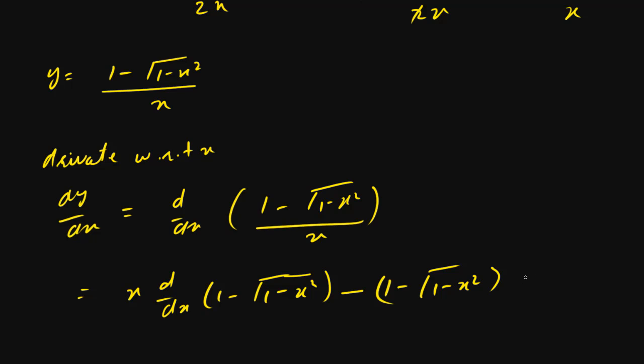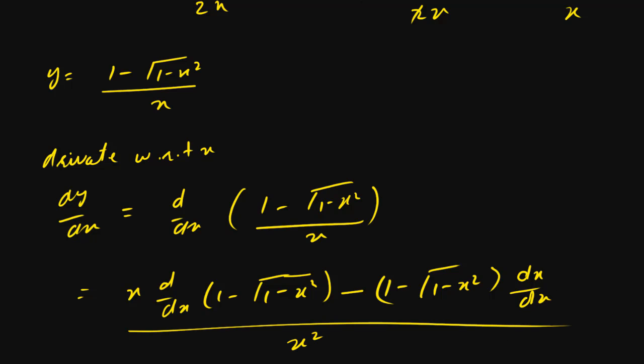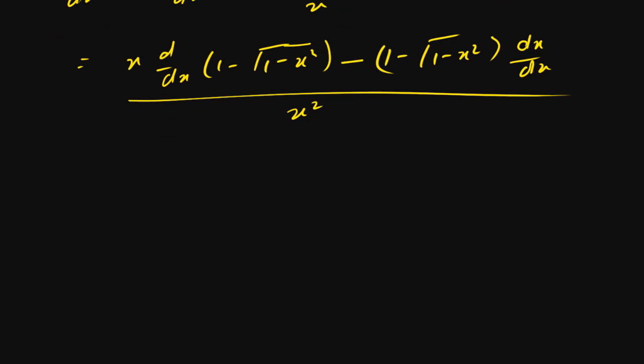Then in one more step, the derivative of 1 is 0, and minus d over dx of 1 minus x squared to the power 1 over 2.